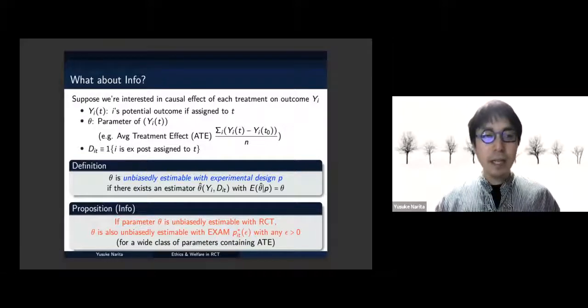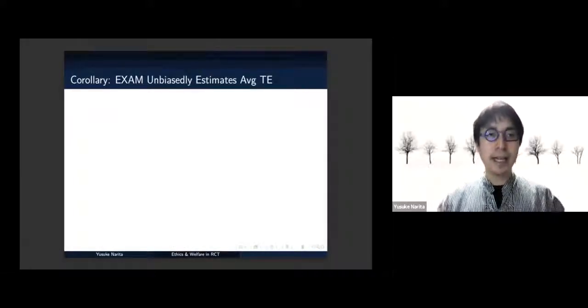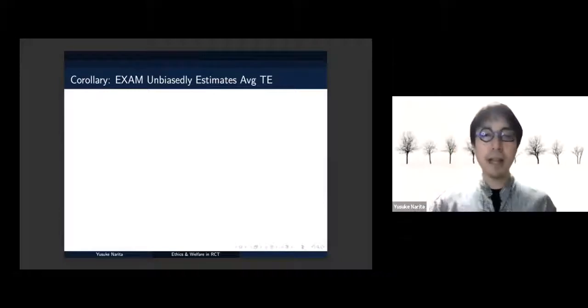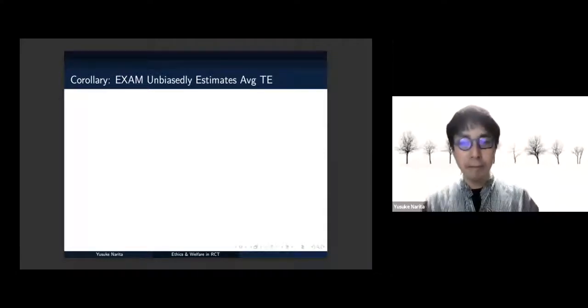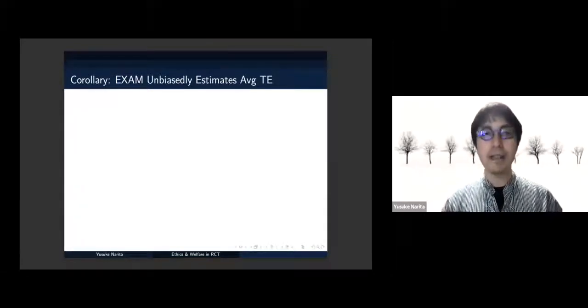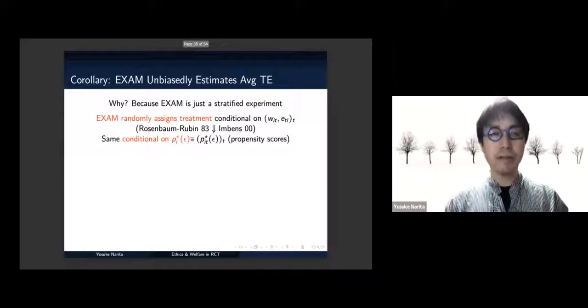Then one consequence of this result is that EXAM allows the experimenter to unbiasedly estimate the average treatment effect, right? Because the average treatment effect is known to be unbiasedly estimable with the usual RCT. Then why is it the case that EXAM can unbiasedly estimate the average treatment effect?